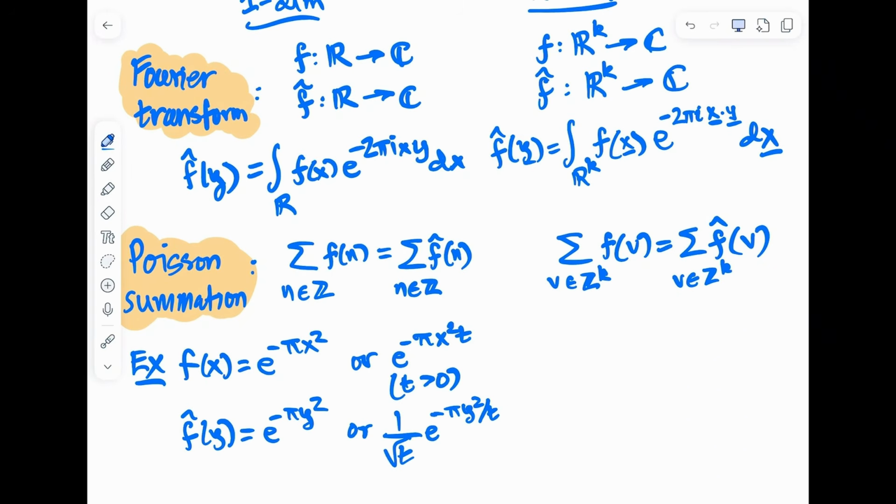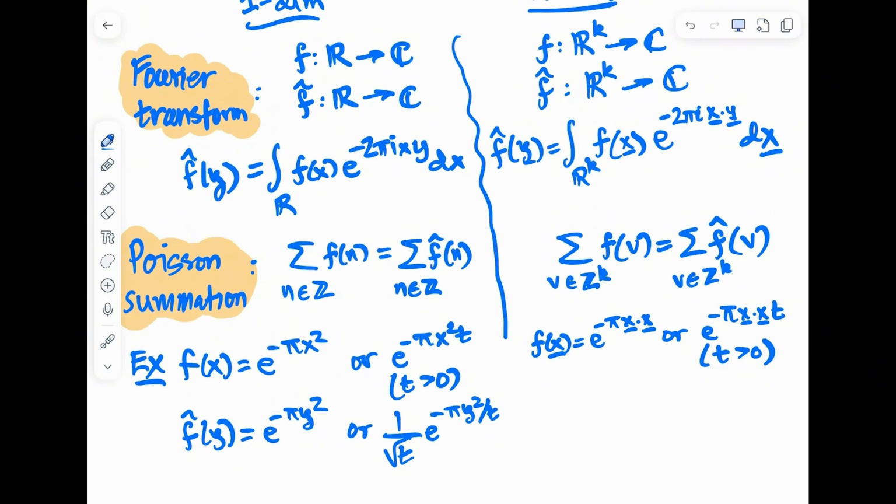And if here I took f of x to be e to the minus pi x dot x, or e to the minus pi x dot x times a positive scaling factor, then maybe I should make a dividing line here.